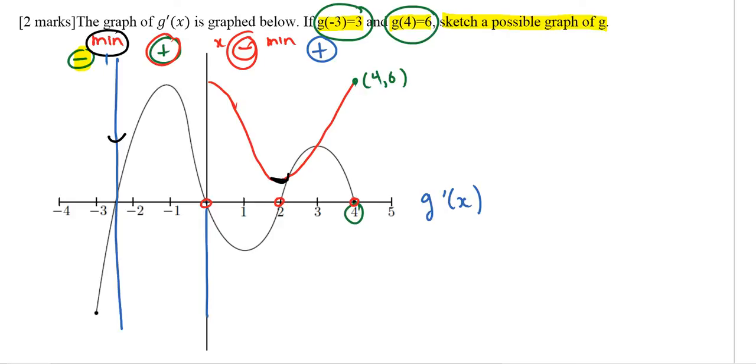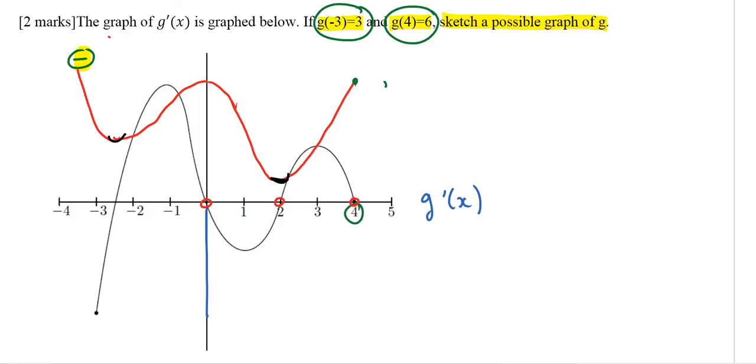I have a negative slope, so maybe my graph could look like this, and slowly like that. This would be a better answer for the criteria given to me.